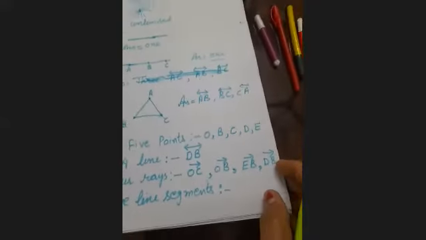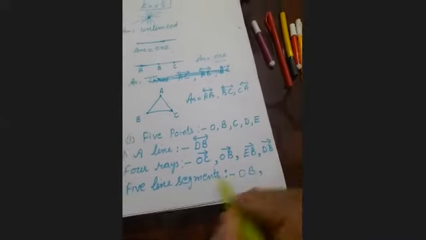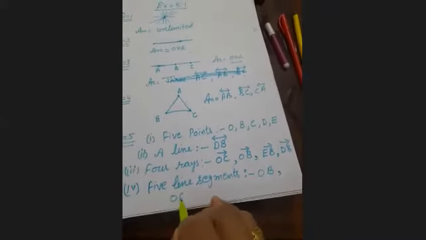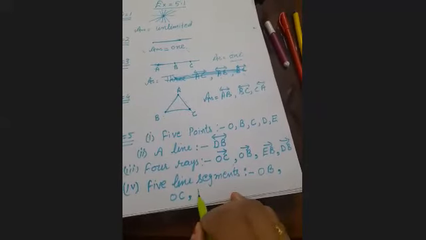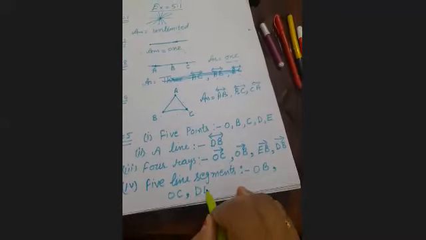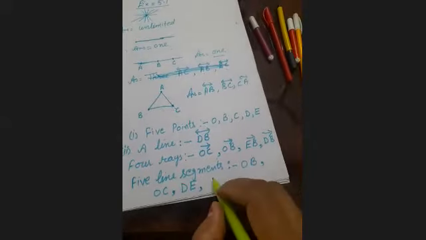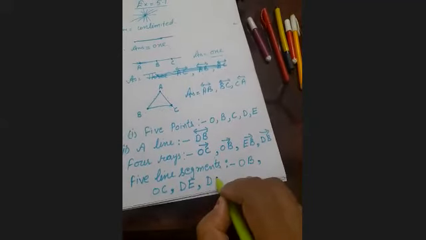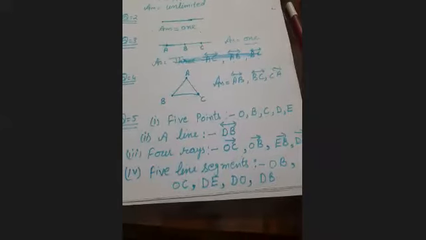First is OB, OC, DE, OB, ED, OD, and DB. Yes, and this is the 5th question of exercise 5.1.